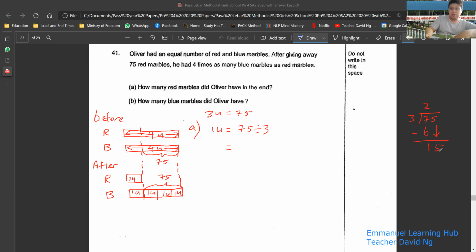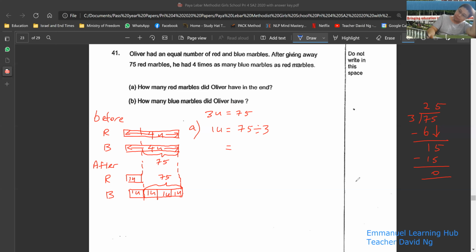So it's 15. 15 divided by 3 is how many? 5. So 75 divided by 3 equals 25.